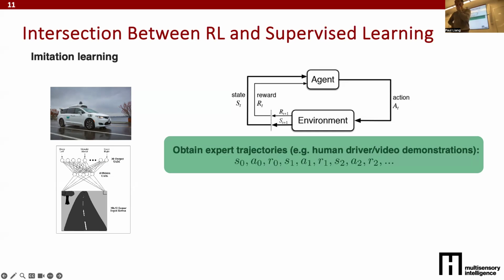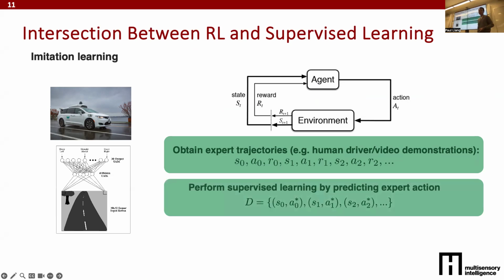And of course, what you could do is get human experts to drive cars for a long time, and using that data, you have a sequence of states that a human saw, the actions that a human took, and the next state that a human saw, the next action that a human took. So you could get what we call expert trajectories, right? Someone who's an expert driver performing this task.